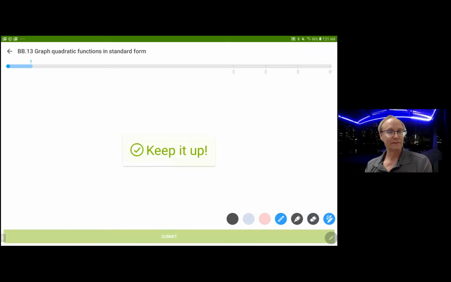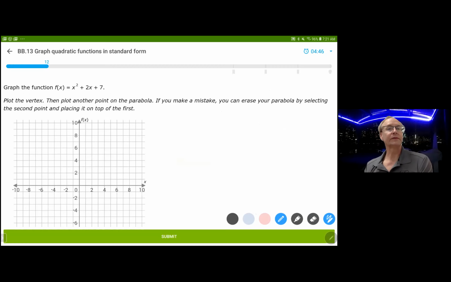Let's do another one. I'll go much, much faster on this one, I promise. We're just going to look for the negative b over 2a. So we've got x equals negative 2 over 2 times 1, which again is negative 1. Seems to be a little pattern going on here. And we're going to substitute the negative 1 in, and we get y equals negative 1 squared.